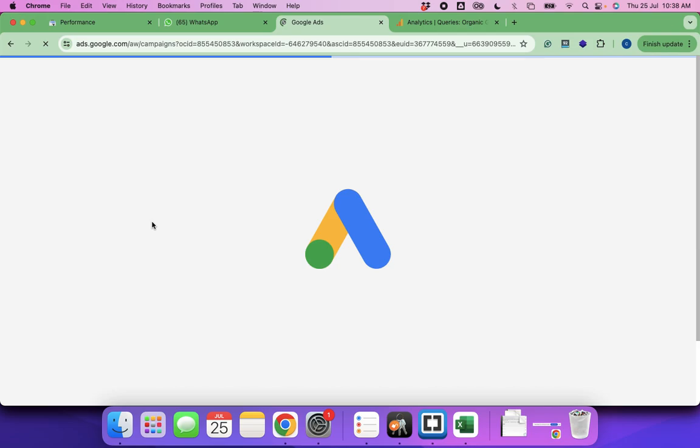Phrase match is different, broad match is different, broad match modifier is different. There used to be 4 different match types. Now Google has shrunk it to only 2: one is phrase and one is exact. We have dealt with broad match modifier, exact match, phrase match, and also broad match.